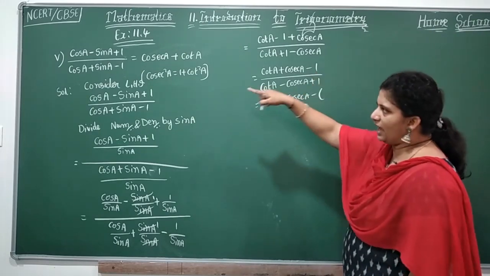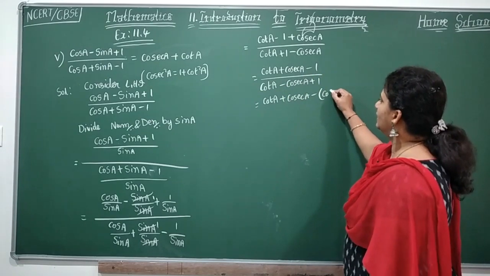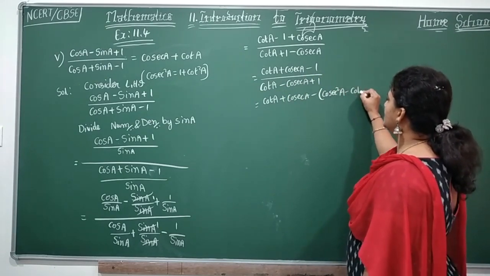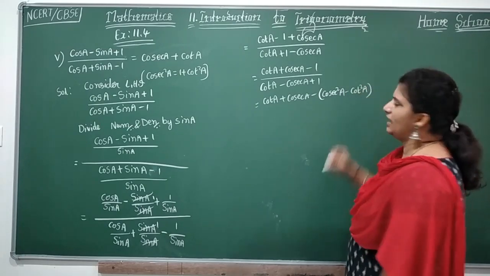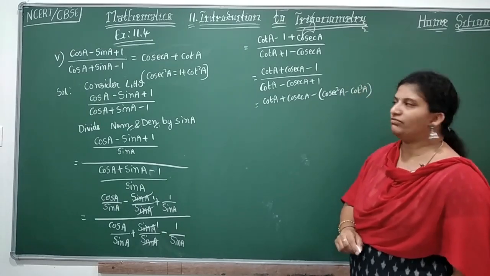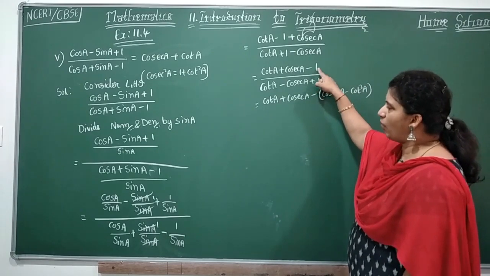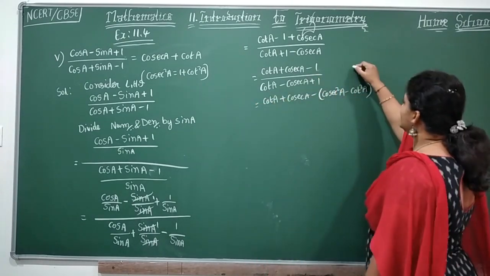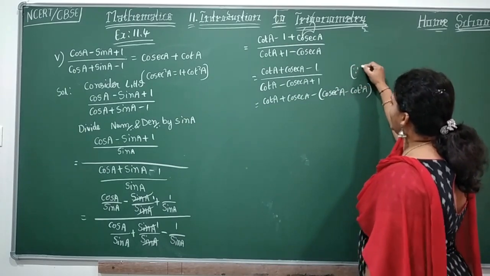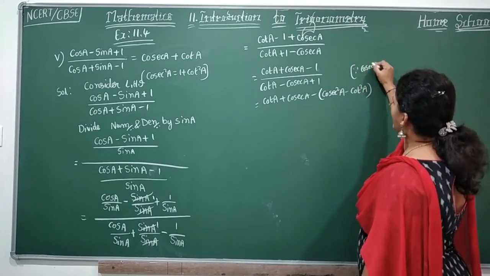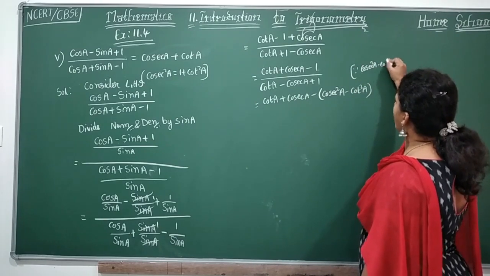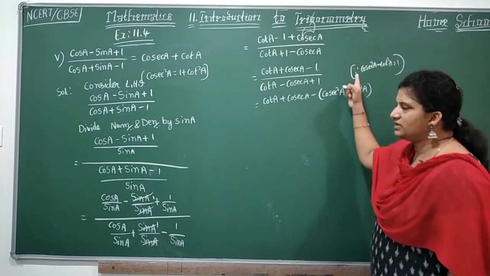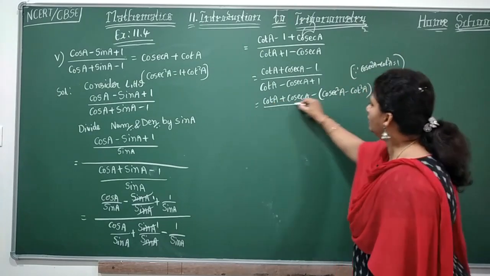Instead of 1, I am applying the identity, that is cosecant square A minus cot square A. Understand carefully. In the place of 1, I have applied the identity. What is that changed identity here? We know cosecant square A minus cot square A is equal to 1. Okay, this I have substituted here.